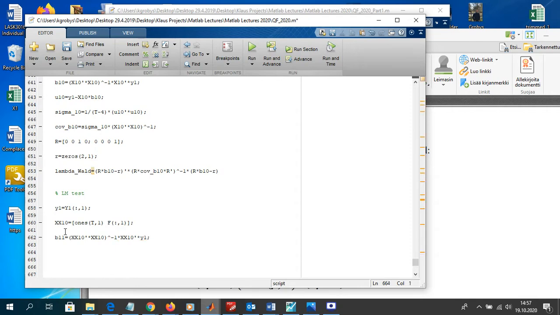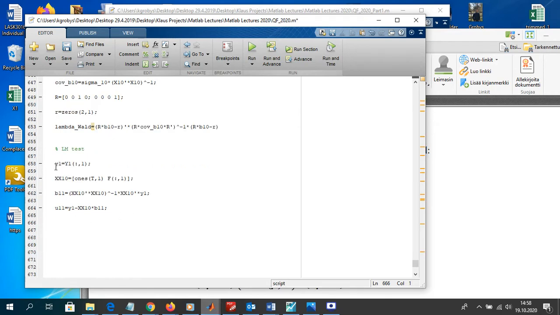Now we need to get the residuals under the null hypothesis model. Let's denote the residual vector as U11, and it's defined as our excess return vector, which we denoted as Y1, minus the regressor matrix under the null hypothesis, XX10, times the point estimator under the null hypothesis, B11.